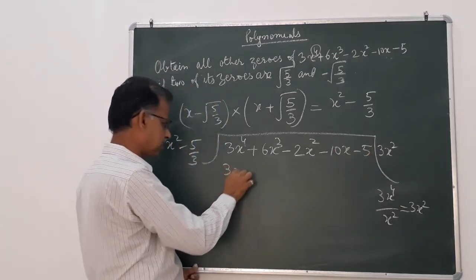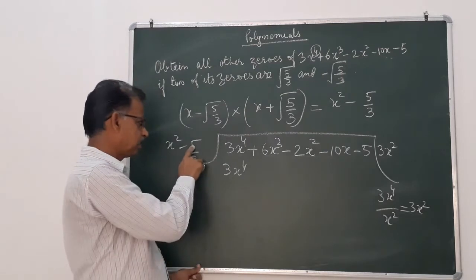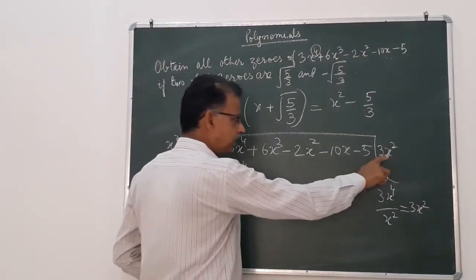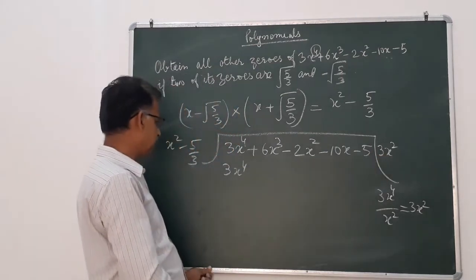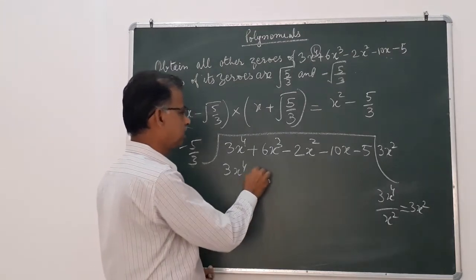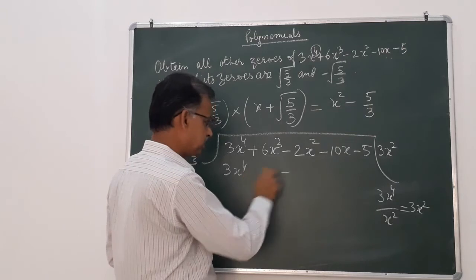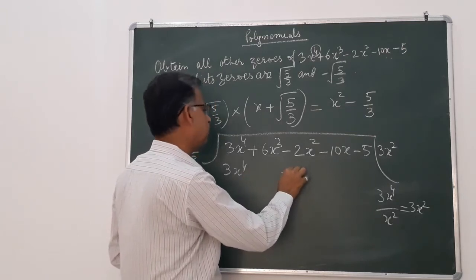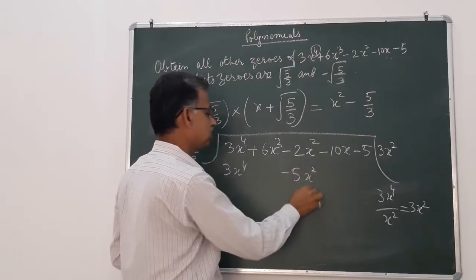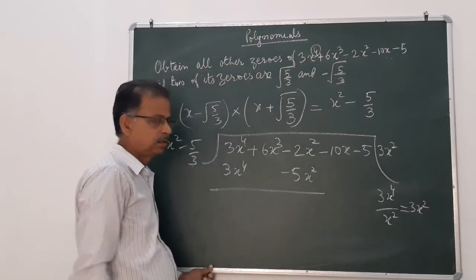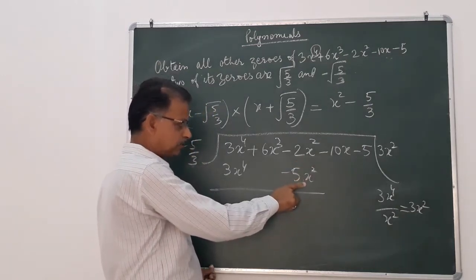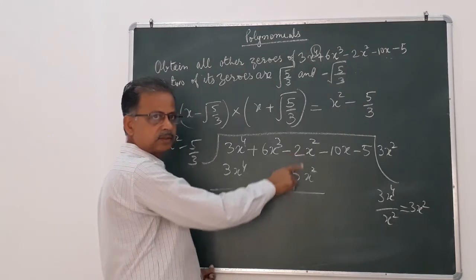We get 3x power 4 minus 5 by 3 into 3x square, we get minus 5x square. Okay? Here minus 5x square and 2x square are like terms.